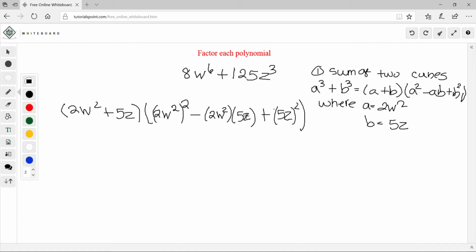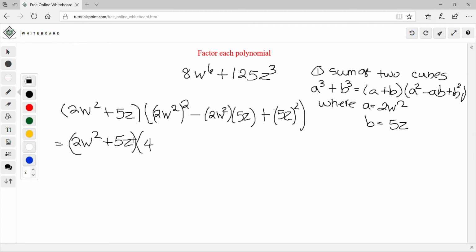So I'm going to clean this up. This still stays the same, so it's 2w squared plus 5z, multiplied by, and we're squaring this whole thing. So what's 2 squared? 4. Now w squared raised to the second power, so you just multiply the exponents.